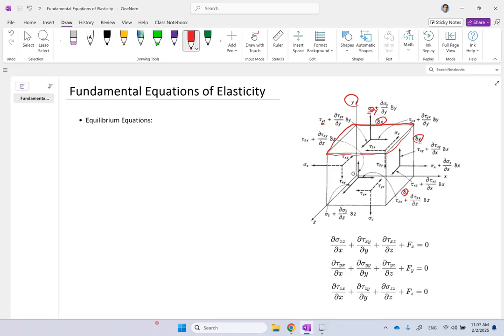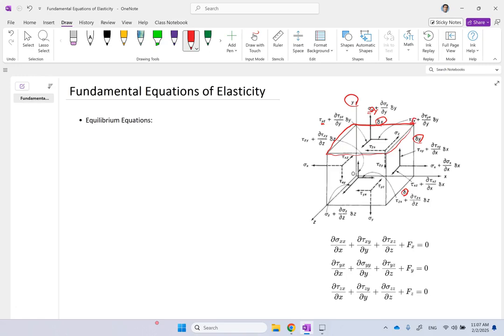So the first component in a stress, as I said, is a tensor of rank 2. It needs 2 directions. The first component shows the normal vector to the face. The second one is the one showing the direction. So if it's a sigma, then the second component has to be the same as the first component because it's normal. But if it's a shear, the second one shows the direction.